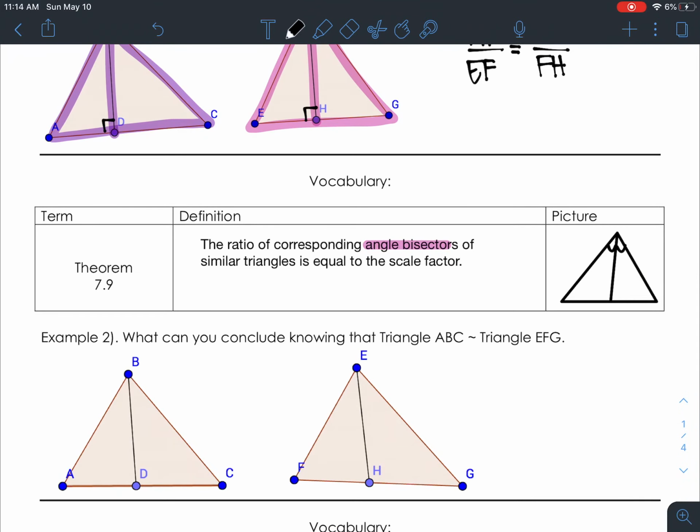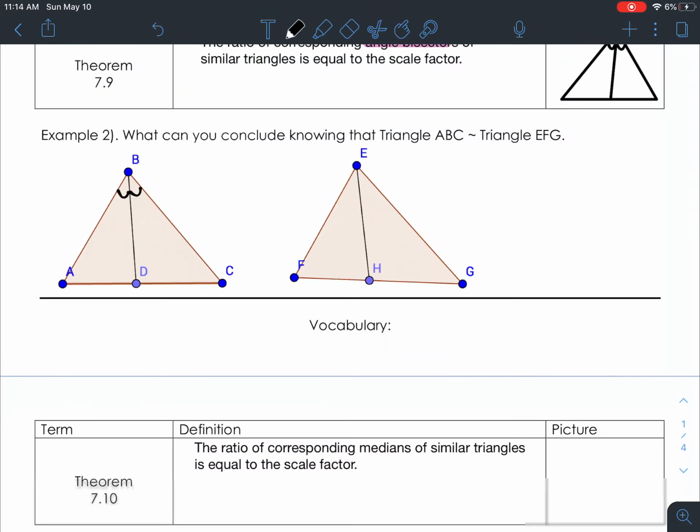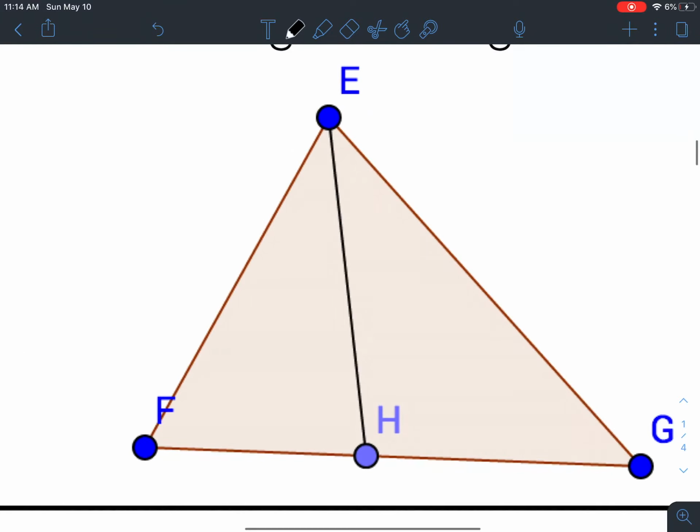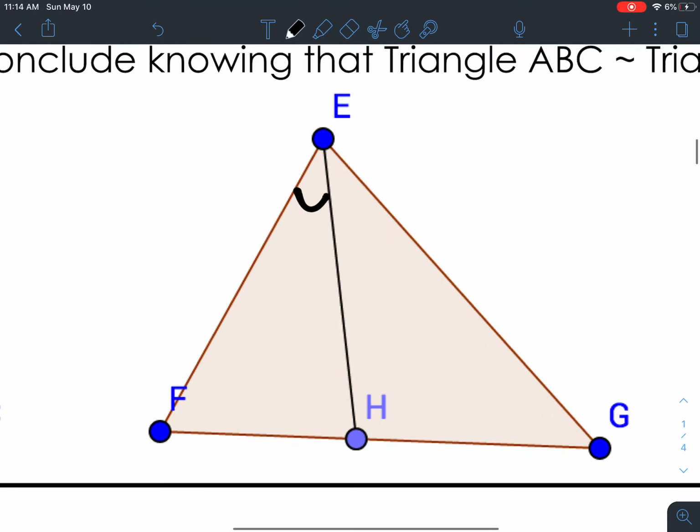We know that triangle ABC is similar to triangle EFG. Let's go ahead and mark our angle bisectors. I'm telling you that angle ABD is congruent to angle DBC. And I want you to look at my notation here. Angle FEH is congruent to angle HEG.